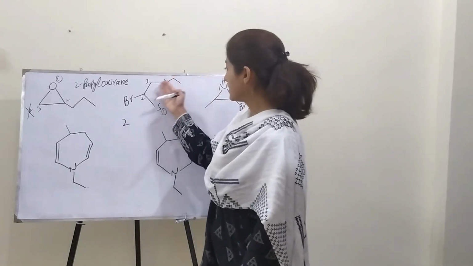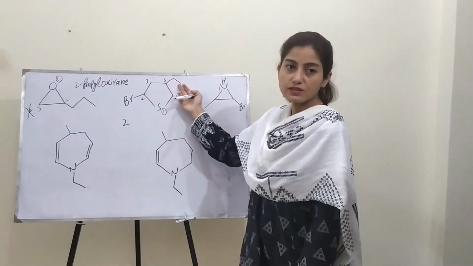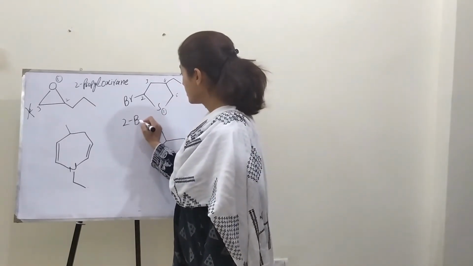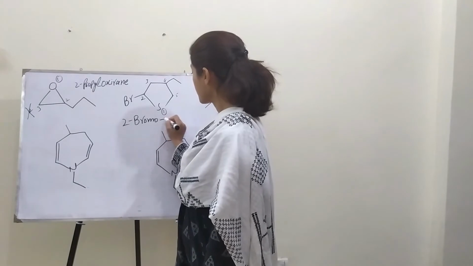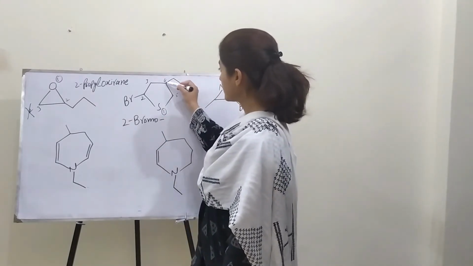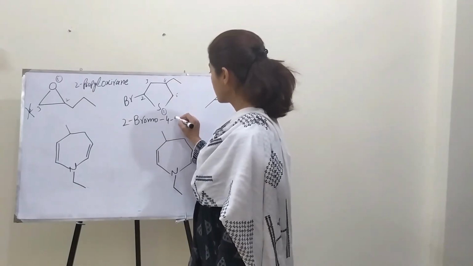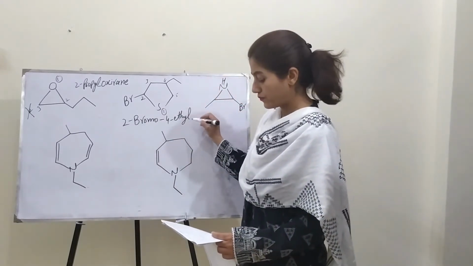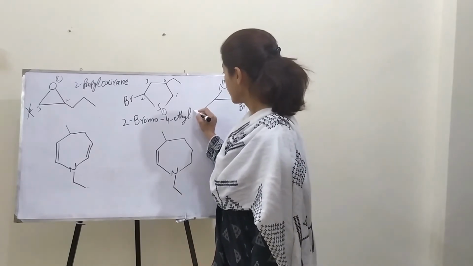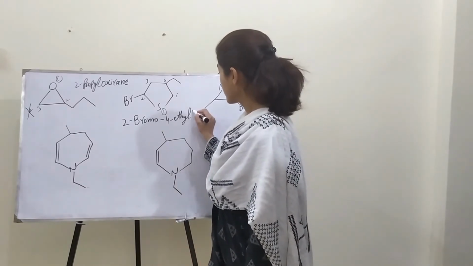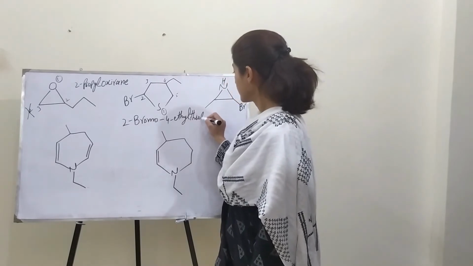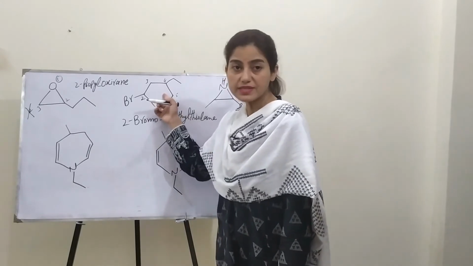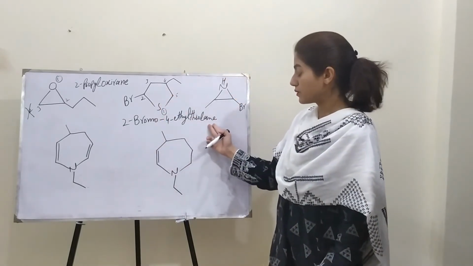Then the substituents, this is bromo and this is ethyl, so these would be written alphabetically. That would be 2-bromo, then ethyl group is attached at 4th position, 4-ethyl thiolane, because this is a sulfur containing 5-membered saturated system, so its name is thiolane.